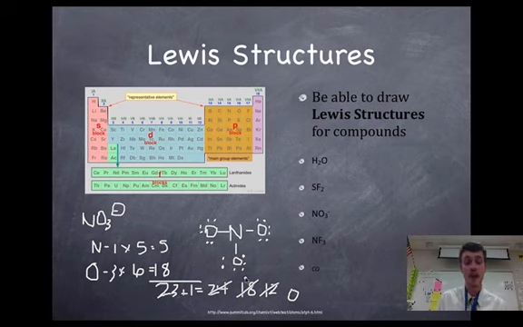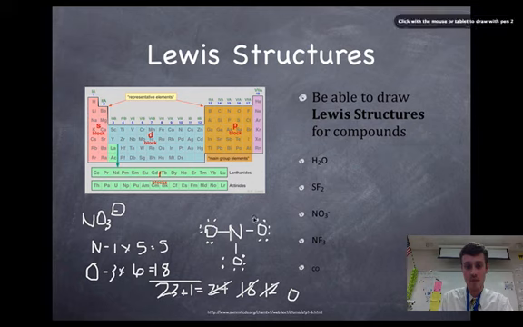This oxygen has 8, this oxygen has 8, this oxygen has 8 valence electrons, but this nitrogen here only has 6. So what I'm going to do there is say, forget these right there. I'm going to say that those are not there, and I'm going to bring them down into a bond.